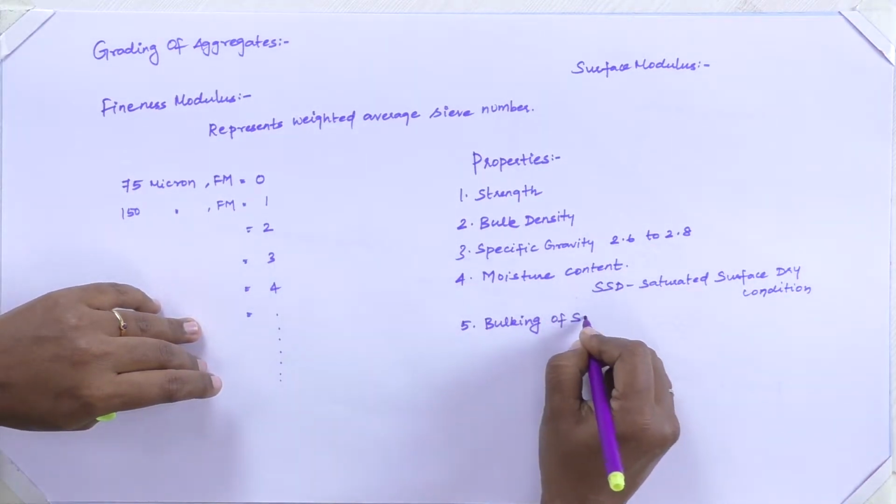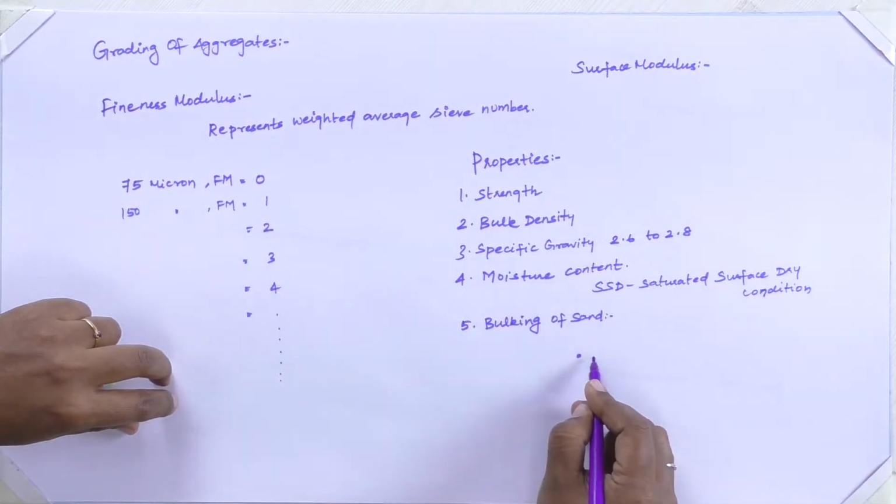Bulking of sand. The bulking of sand results when fine aggregate is subjected to moisture content. That is, when the fine aggregate absorbs moisture from the atmosphere, that results in a bulk of volume, a rise in the volume. The volume increase happens due to the adsorption of moisture.